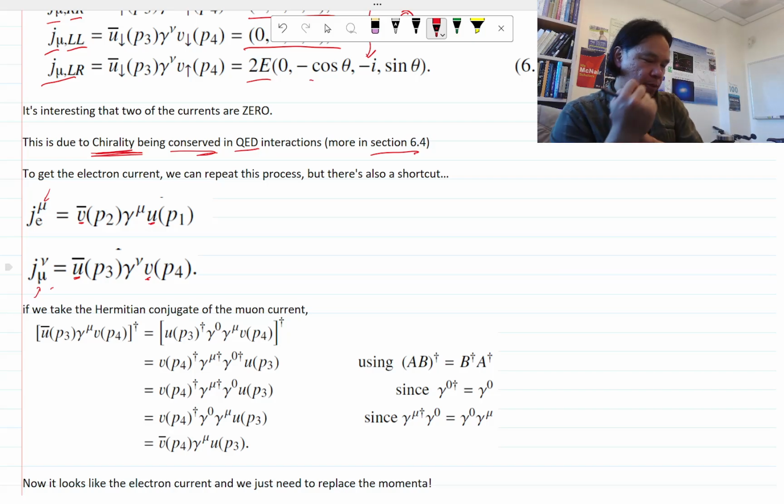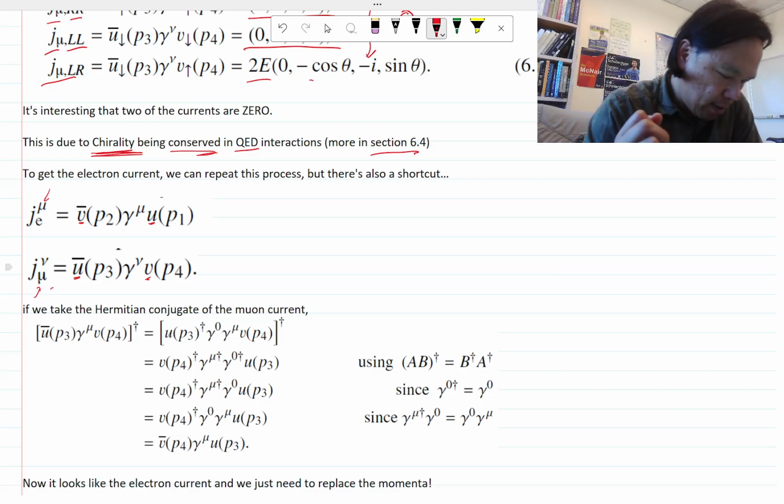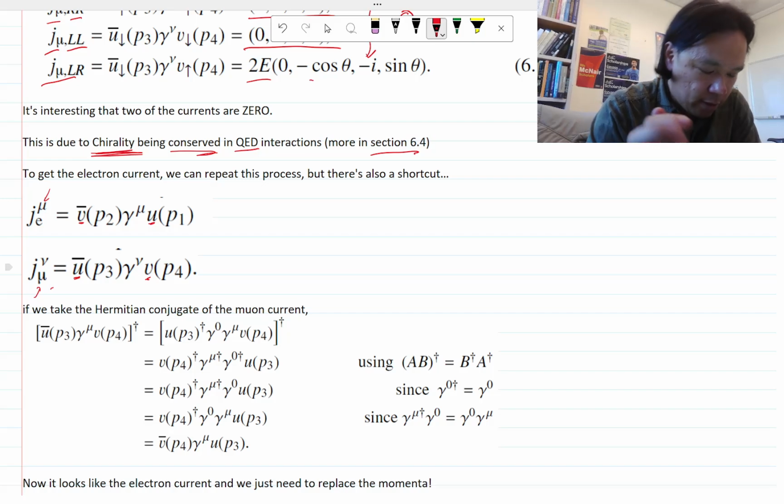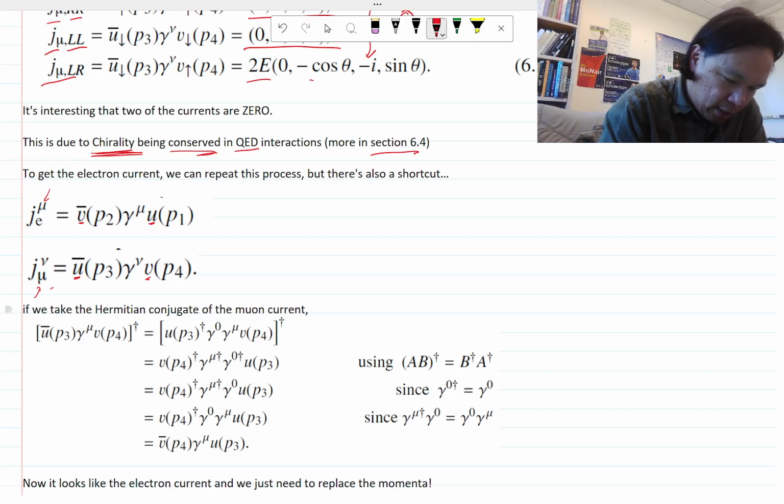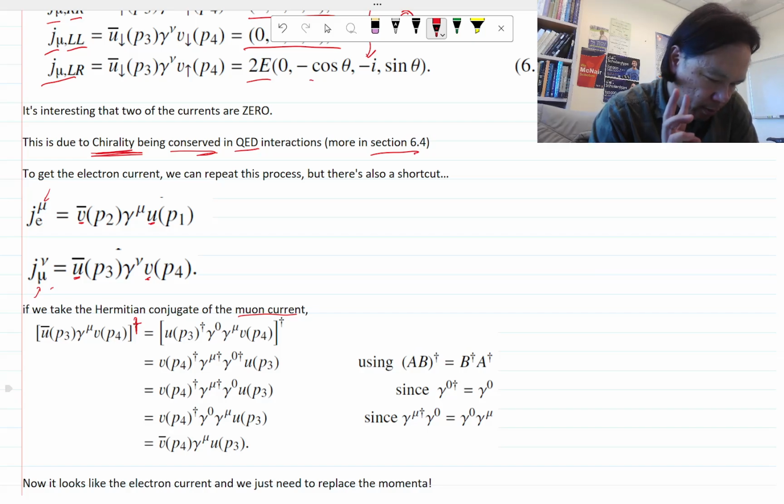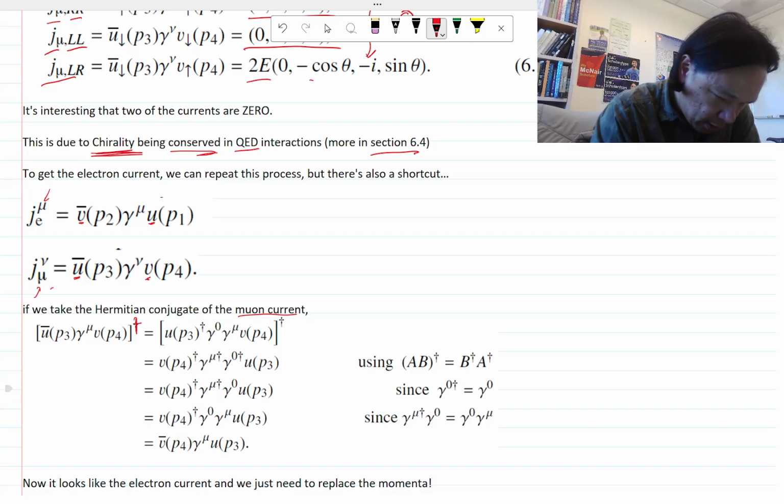So they're kind of flipped, right? Okay, so the trick is actually if we take the Hermitian conjugate of the muon current, meaning doing this dagger thing. When you do a Hermitian conjugate, this distributes to all these parts.